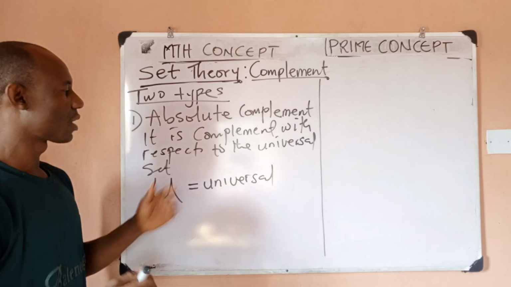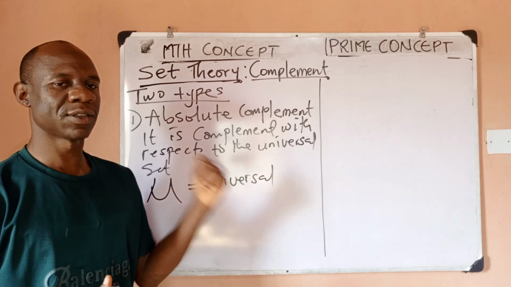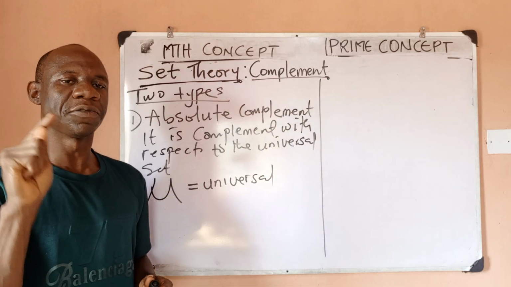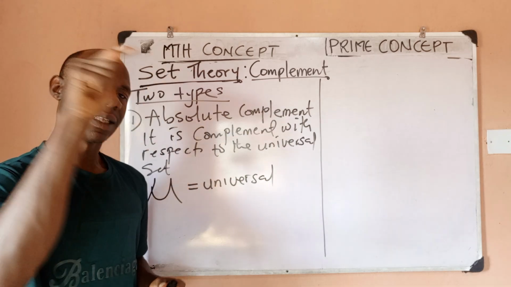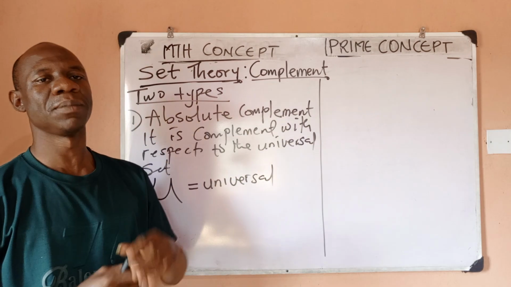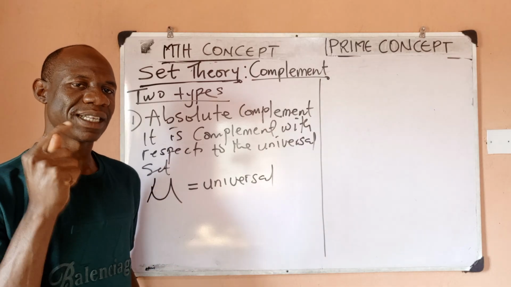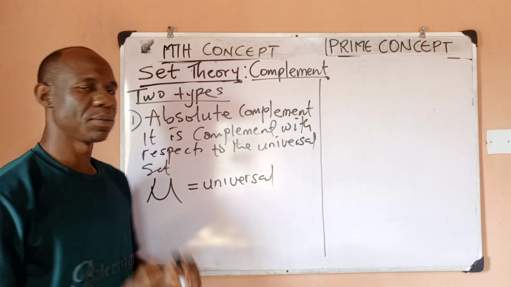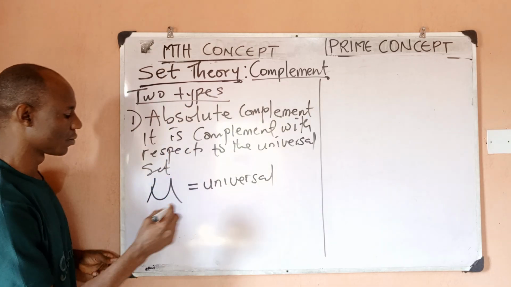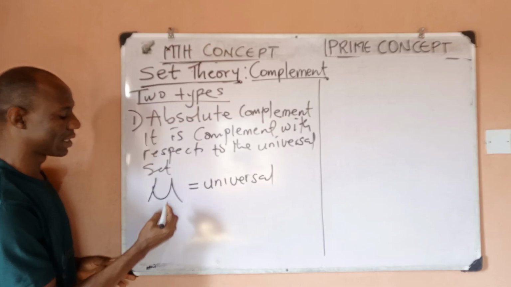Now, when we talk about the absolute complement of one set with respect to the universal set, it simply means those elements that can be found in the universal set that are not present in that set. That is called absolute complement. The absolute complement of a set are the elements that are found in the universal set but are not found in the set itself.